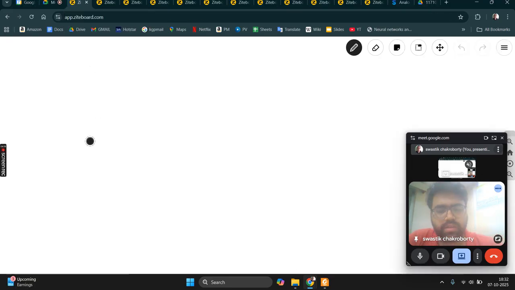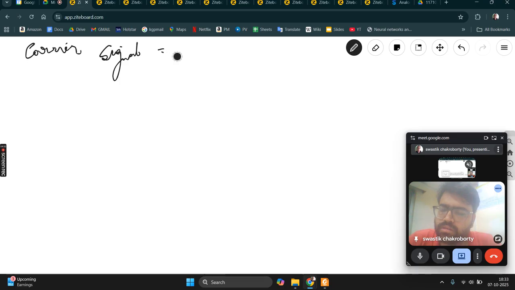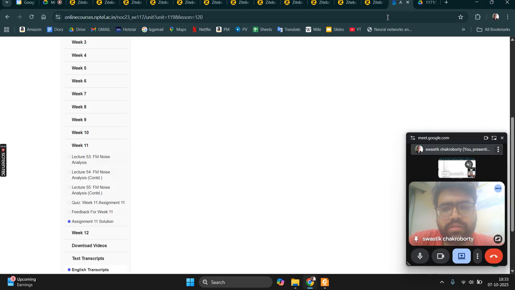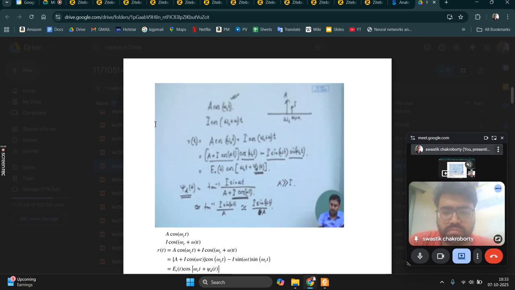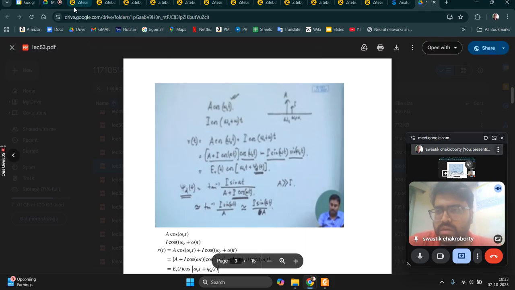So there is a carrier signal, which is Ac cos omega ct, and then there is a noise signal.